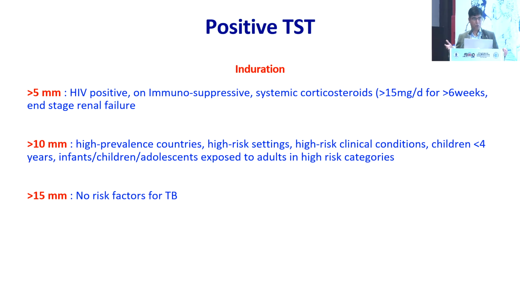In an immunocompromised patient, even 5 millimeter is taken as positive. In patients at high risk of developing TB, 10 millimeter is positive. But in endemic areas like India, we would rather believe 15 millimeter or more induration to be positive, so that we don't unnecessarily treat a lot of patients with ATT.